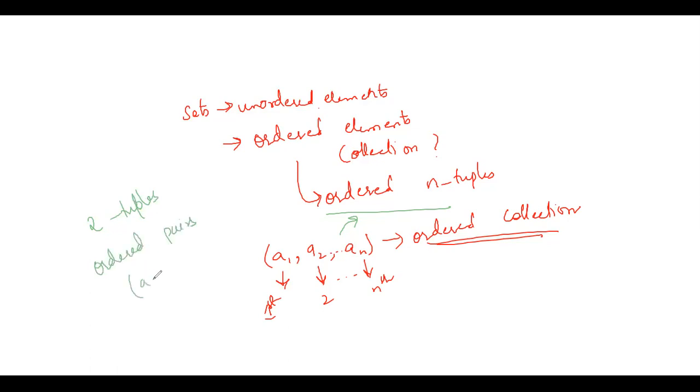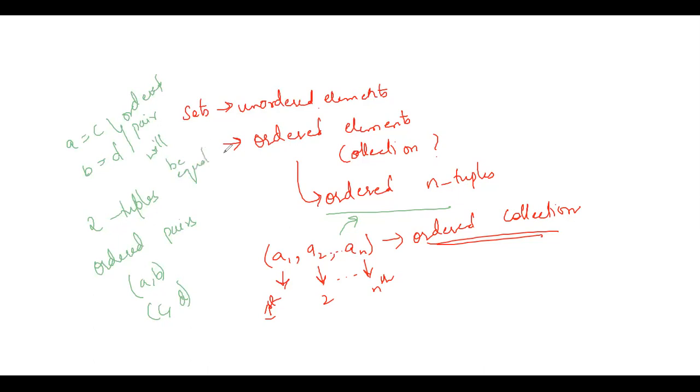The ordered pairs can be (a, b), (c, d), for example. Now, when are (a, b) and (c, d) equal? When a is equal to c and b is equal to d, then the ordered pairs will be equal.